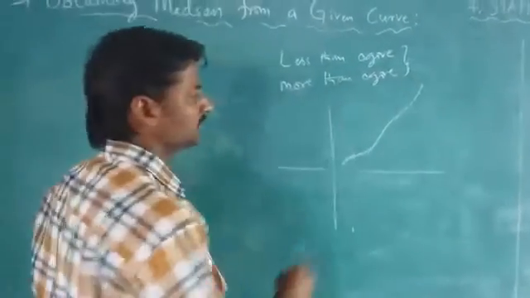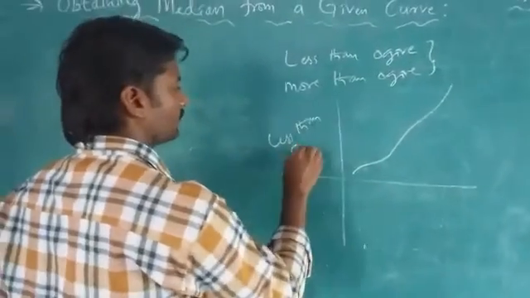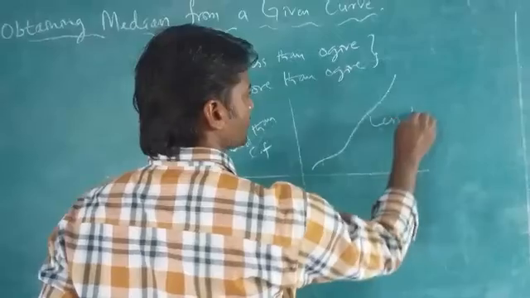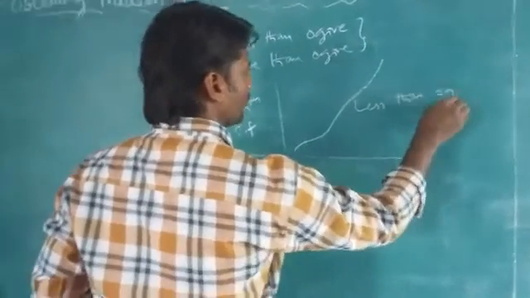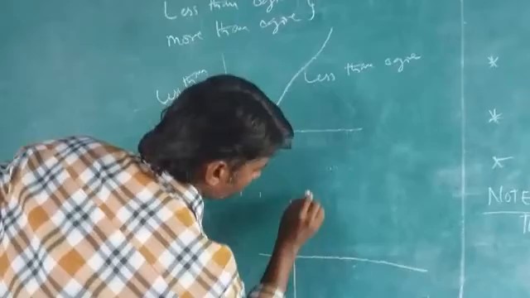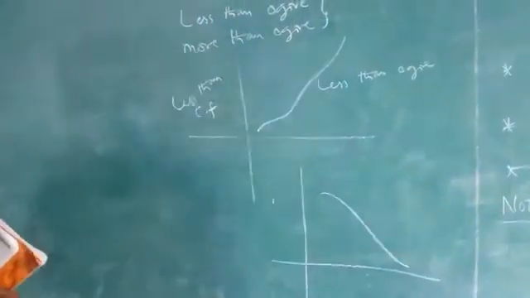This is the less than CF distribution and the curve is the less than ogive. And greater than means it flows like this. I'll explain all these things, don't worry.